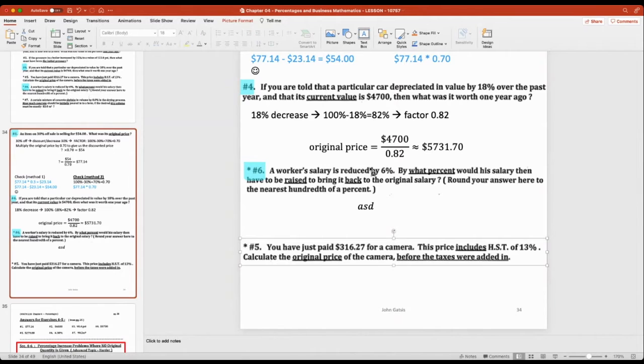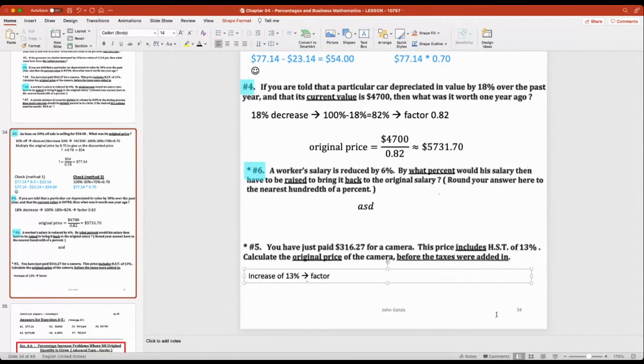So here's number 5. We have a situation where the taxes have been applied. There's an increase of 13%. It says that the price, including the taxes, is $316.27. So we're going for the original price, meaning we want to go before the tax was added. So we want to undo that increase.